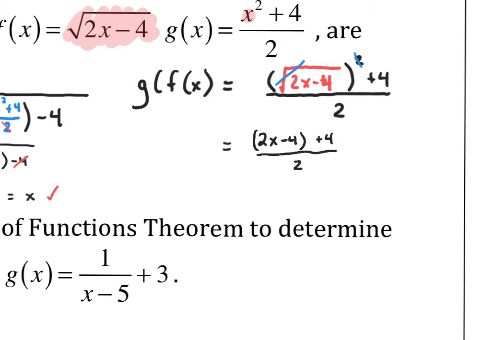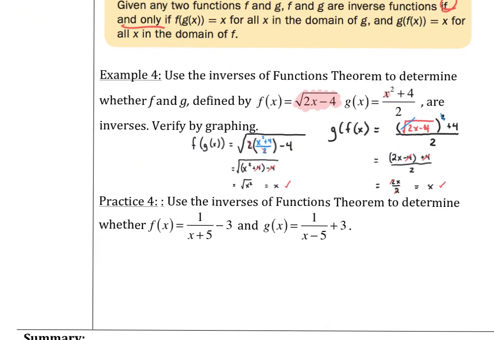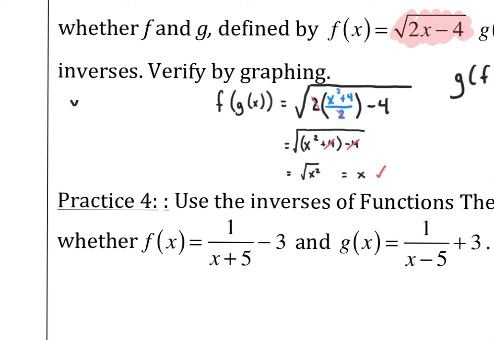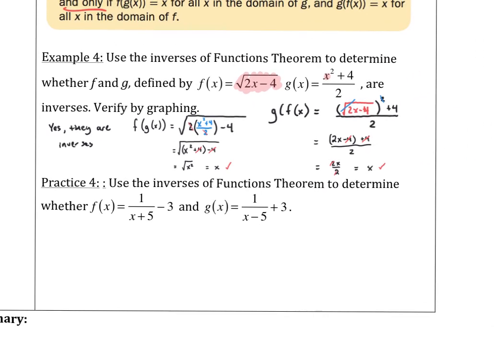And now we see here that the 4 is reduced to 0, and then we have 2x over 2. And then, of course, we see that the 2's reduce there, and we are left with x. So our conclusion is yes, these are inverses. They are inverses.